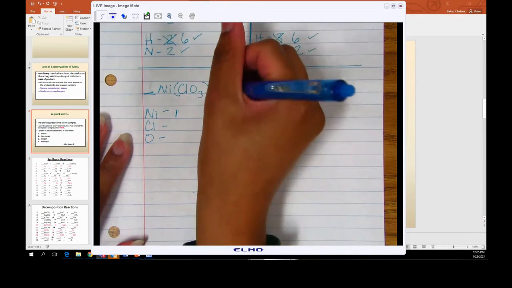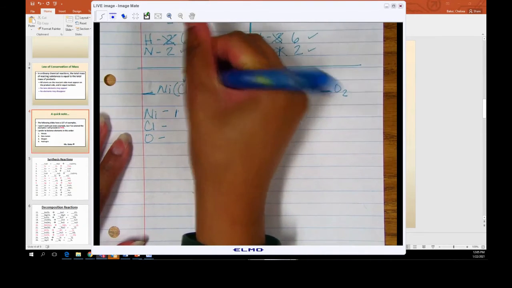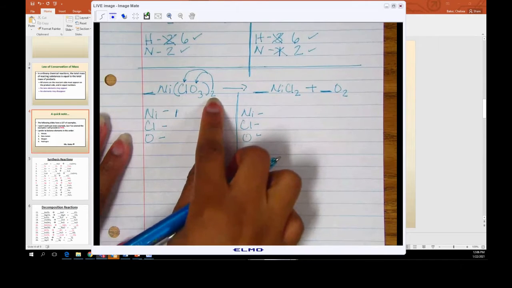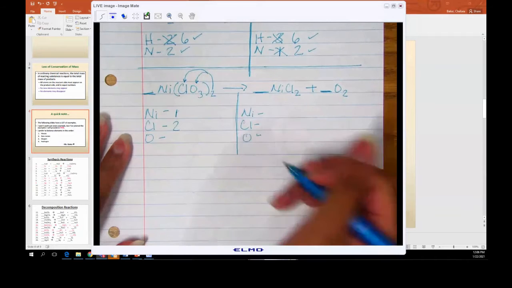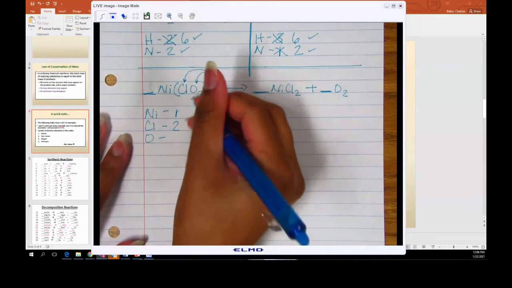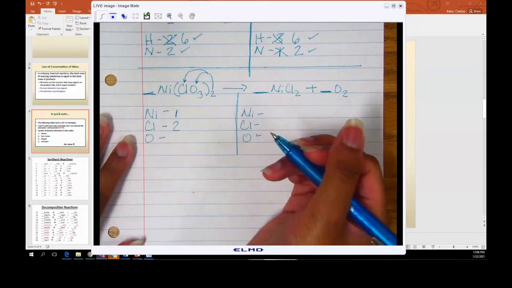And then I've got to multiply it by the 2 that's outside of the parentheses, right? So these are affected by this 2 subscript here. So I've got 2 chlorines. And then oxygen, the 3 inside, times the 2 outside the parentheses, the subscript, gives me a total of 6.